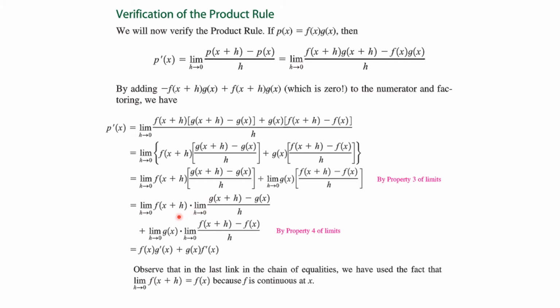And I'm going to pull out things that don't depend on h. And so I will get this at the end of my labors. So that is the proof. And here we've used the fact that f is continuous.